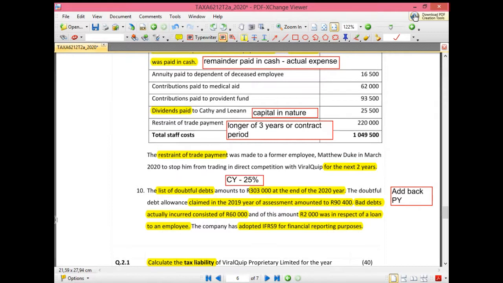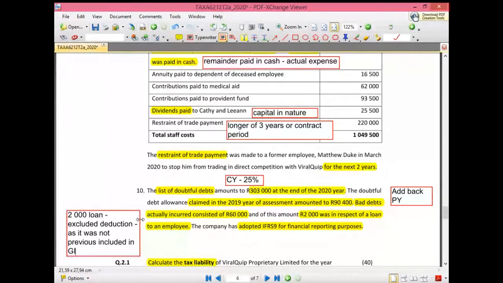So the bad debts, the 2,000 Rand that was to your employee, the loan, you have to exclude this when you do the deduction, as it was not previously included in your gross income because it was capital in nature. So then what happens is you're not allowed to get the deduction when you write it off as bad debts.